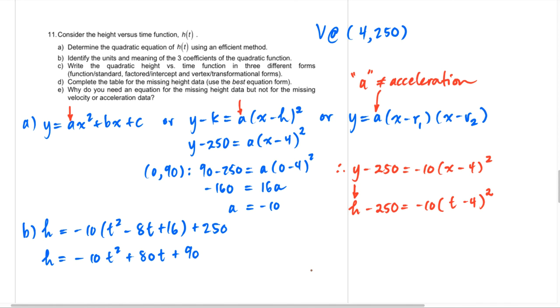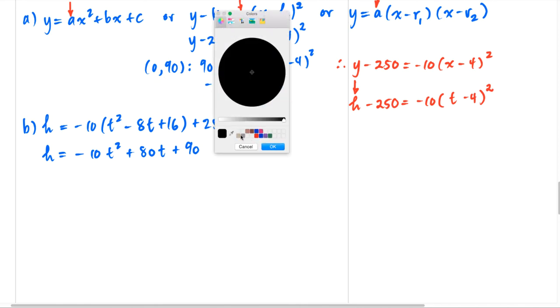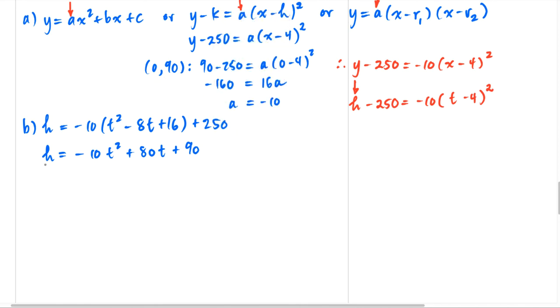So from here, if we take a look at the units, we know that each term has to have units of simply meters, because this is the position graph. So here's a term, here's a term, here's a term, and here's a term, and each term must be measured in meters.